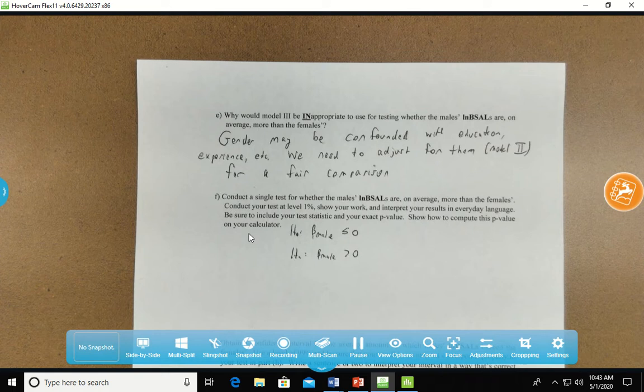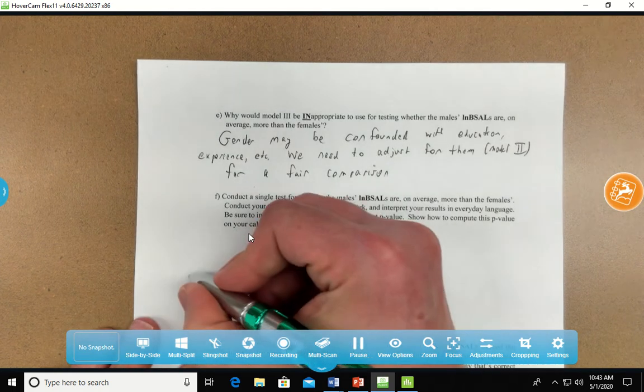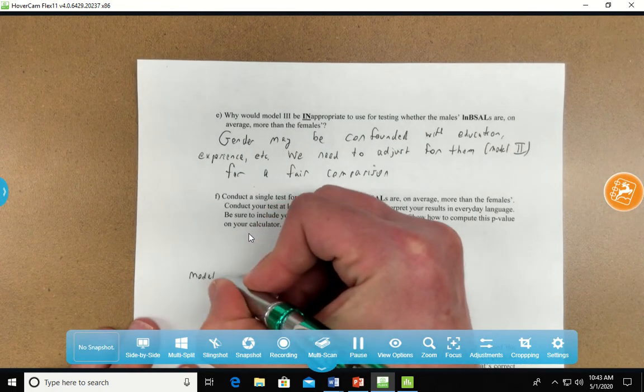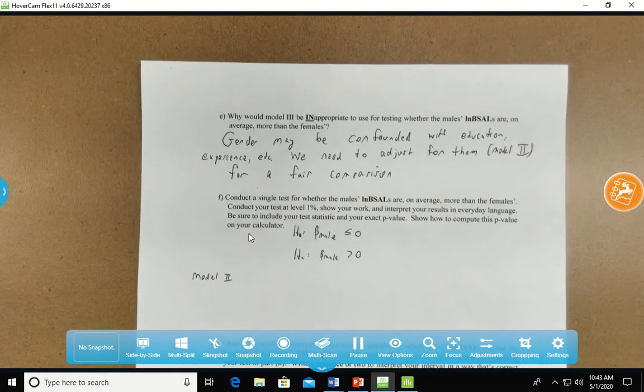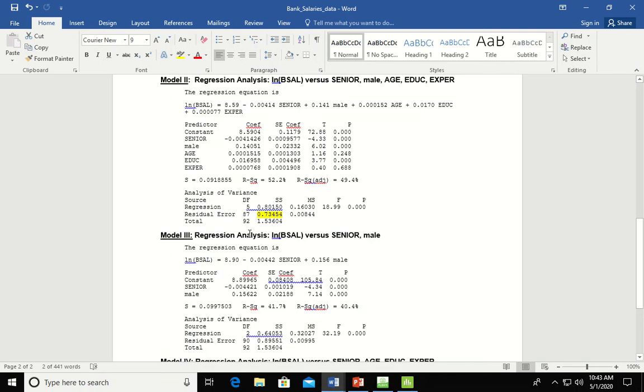Now, if you take a look at Model 2, you can see that for the male, the coefficient is 0.4150 and the standard error of the coefficient is listed there. So we can get the t-value off of this.